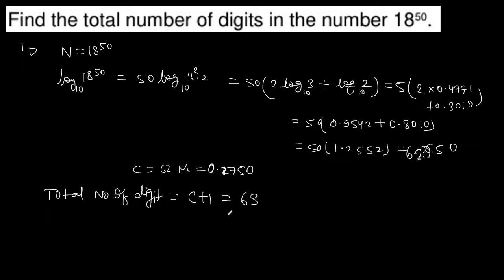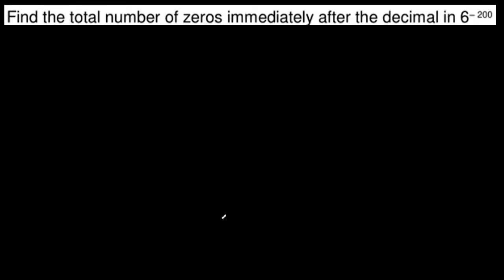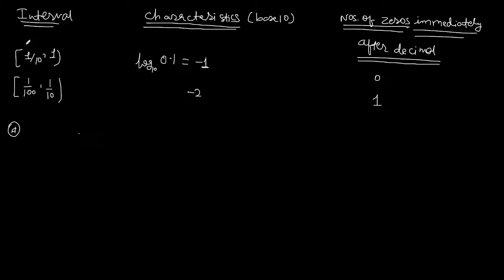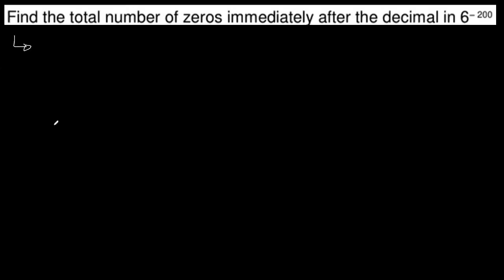Okay, now if we are told the total number of zeros immediately after the decimal, this is what we were trying to do here. But we could not get any specific example, so we have to move ahead. This is log base 10 of 6 to the power minus 200.